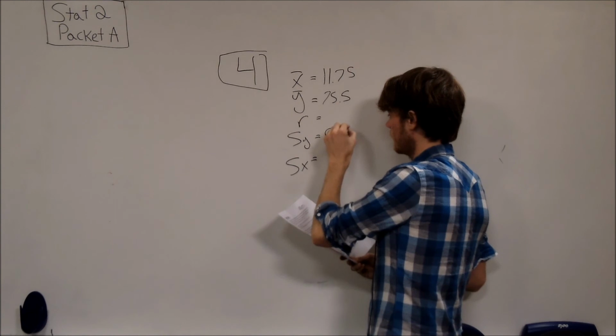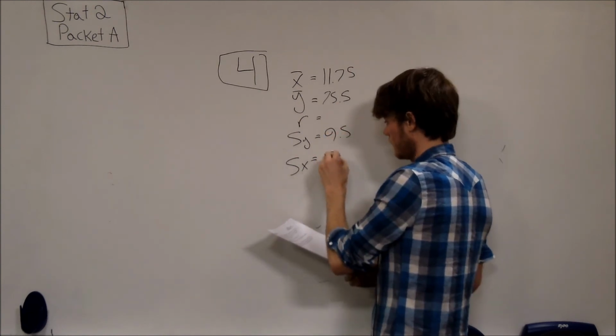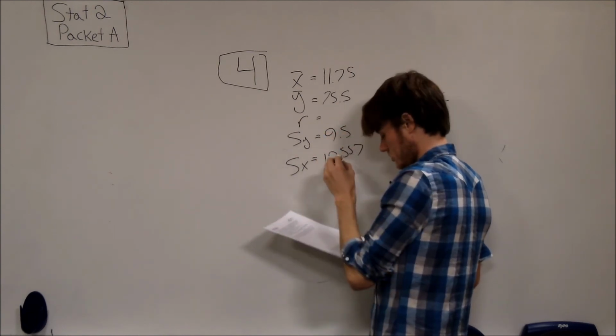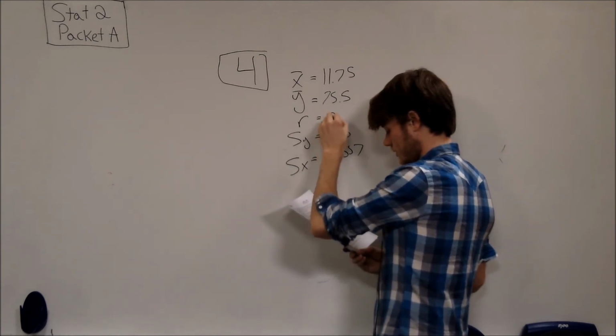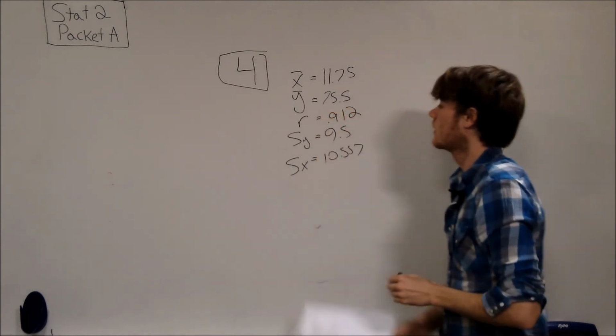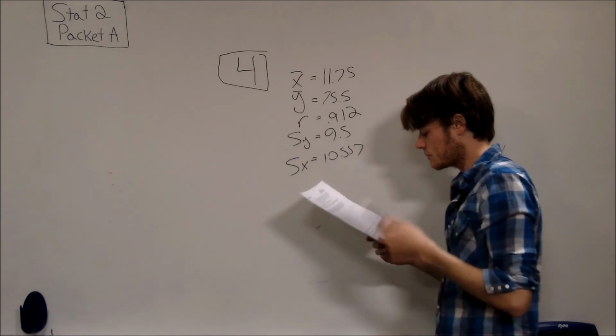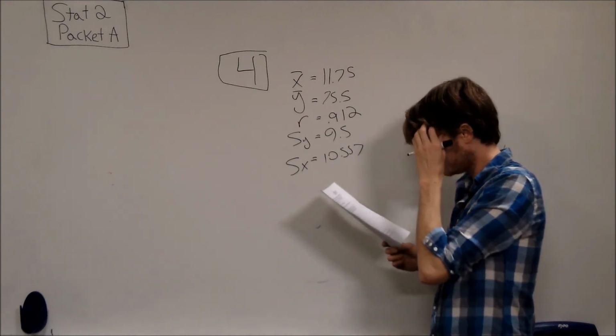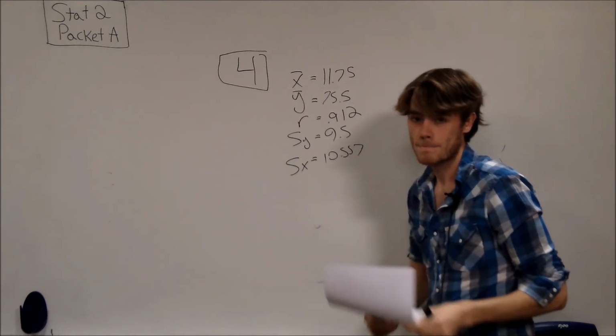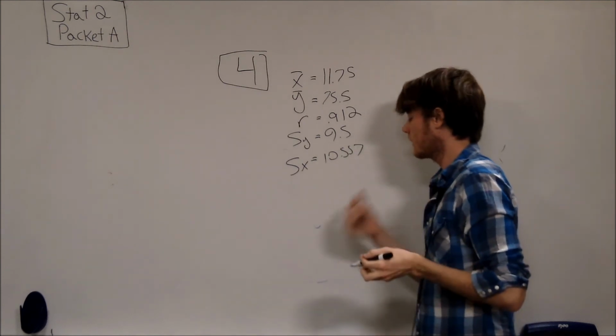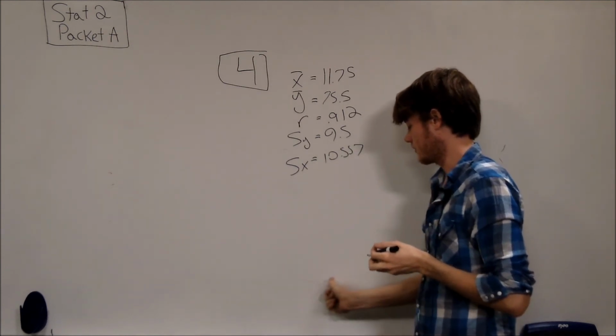SY is 9.5, SX is 10.5. R is 0.912. Okay. And we want to fit a simple linear regression. Okay? Simple linear regression. And we actually can do that given all of this information.